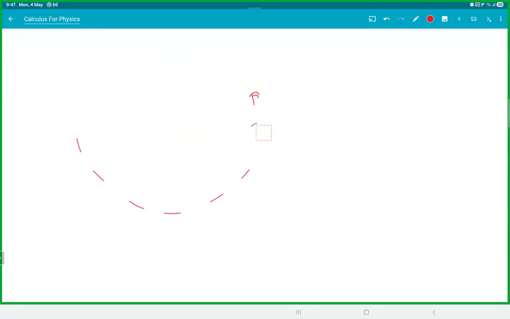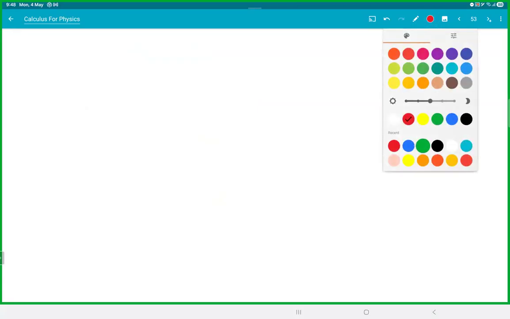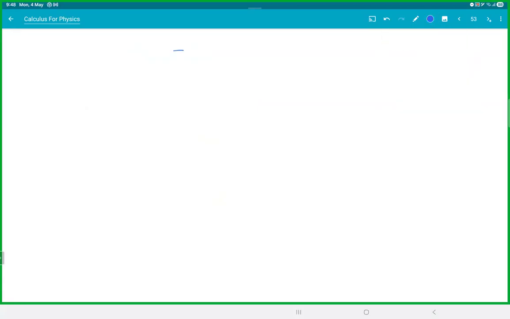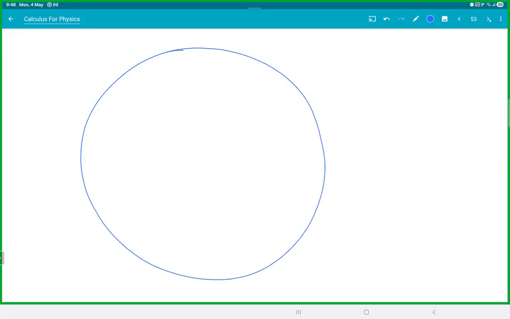So basically from this idea, when you take a vector, this was your R bar. This is what we call velocity, but I'll just call it dr by dt.